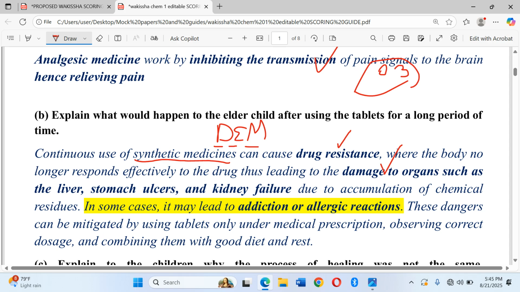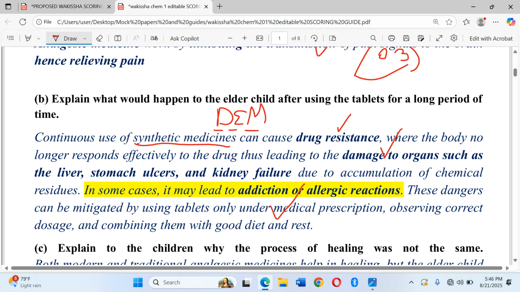But I've highlighted it because we need only one. Then we're saying these dangers can be mitigated by using tablets only under medical prescription or observing correct dosage and combining them with good diet and rest. So you can see we have gotten all the 3 scores and we have summarized this into them: the danger, the effect, and the mitigation. So you are able to get your 3 scores.